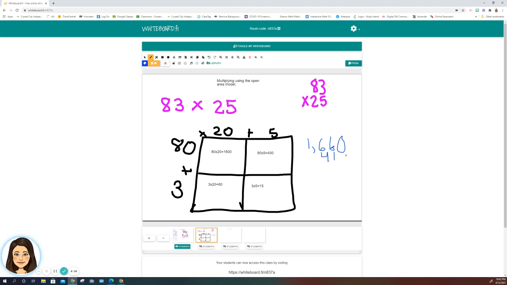So we're going to add. 0 plus 5 is 5. 6 plus 1 is 7. 6 plus 4 is 10. Carry over your 1. 1 plus 1 is 2. Your answer is 2,075.